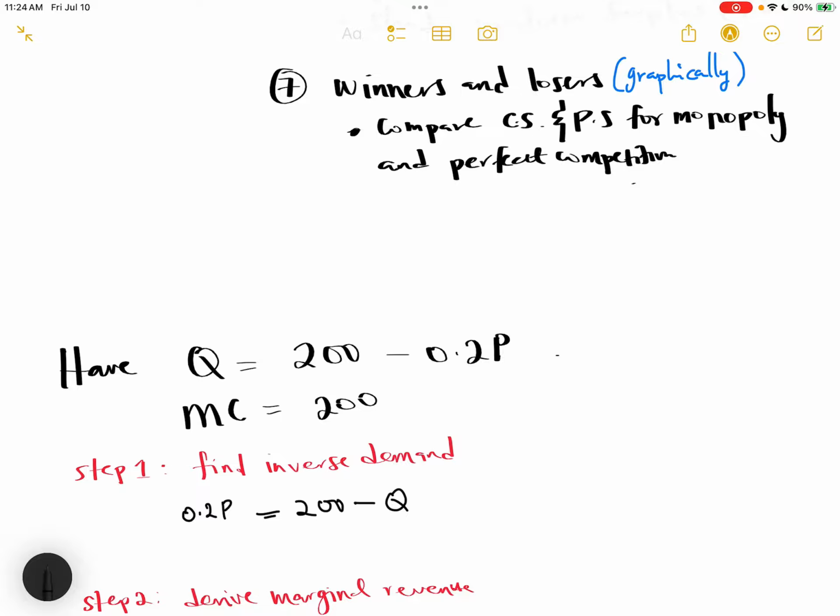And then you divide by 0.2, such that you have your P equal, well, 200 divided by 0.2 is 1,000. 1 divided by 0.2, or Q divided by 0.2, is 5Q. And so minus 5Q. And so P equals 1,000 minus 5Q is our inverse demand.